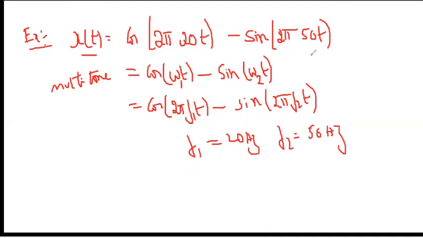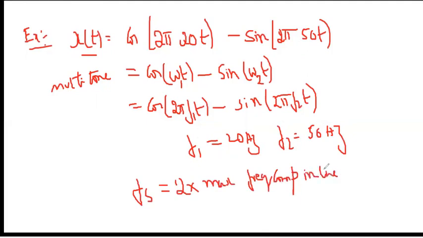Now it is a multi-tone, so Fs is equal to 2 into the maximum frequency component in the signal x of t.